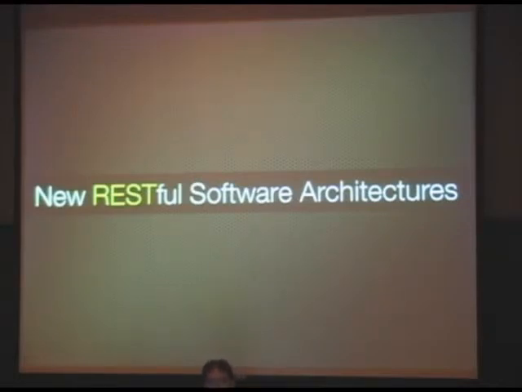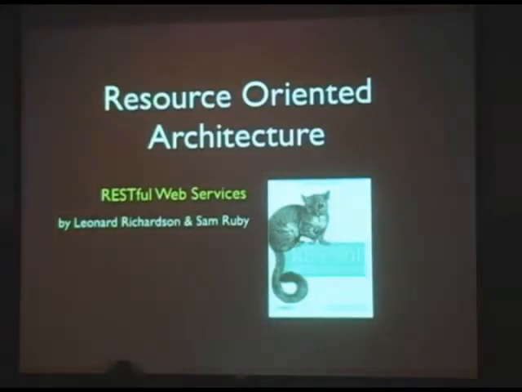Some examples of additional RESTful software architectures are resource-oriented architecture. And it comes out of this RESTful Web Services book. Rails really follows this resource-oriented architecture really well. The REST principles that I laid out are just principles. They're really not enough to consider a full software architecture.